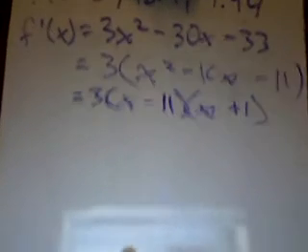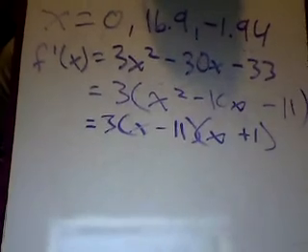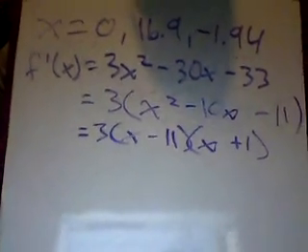And then you have to determine where the f prime of x equals 0 and where it does not exist. So for the zeros, it's going to equal 0 at 11 and negative 1, because if you plug those values into the derivative, you will get 0.